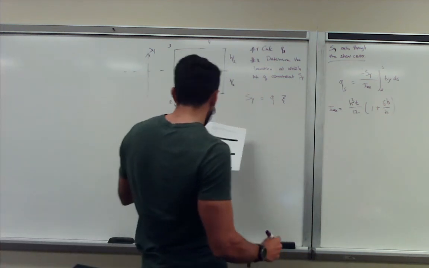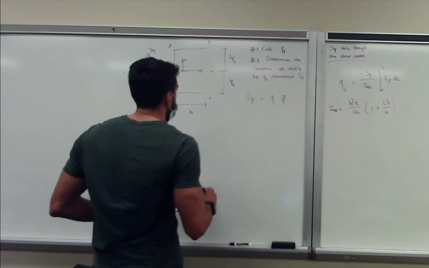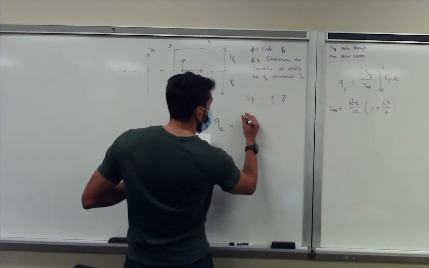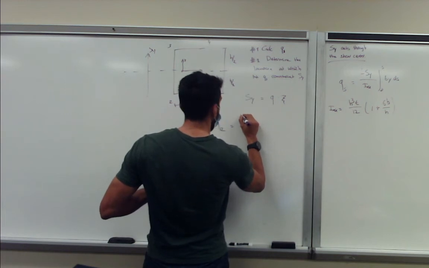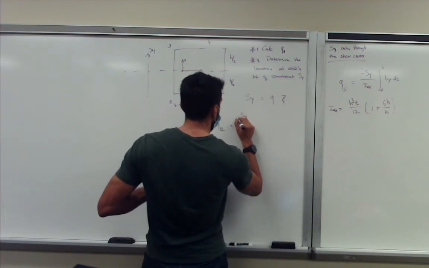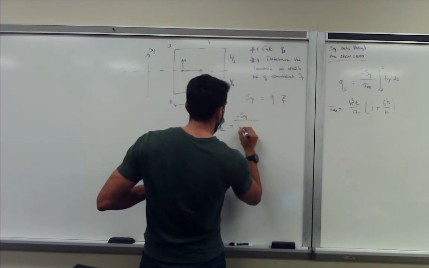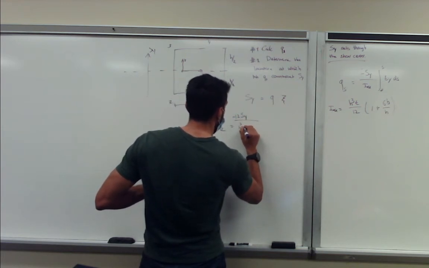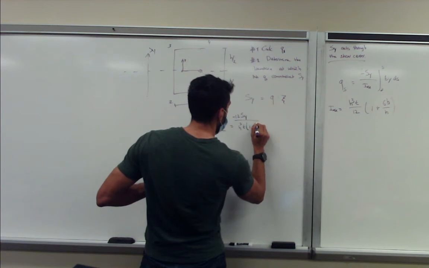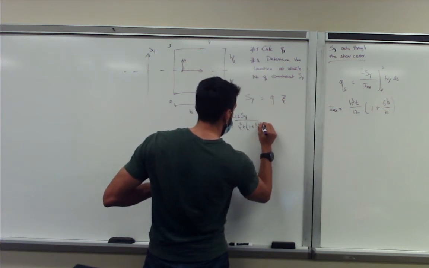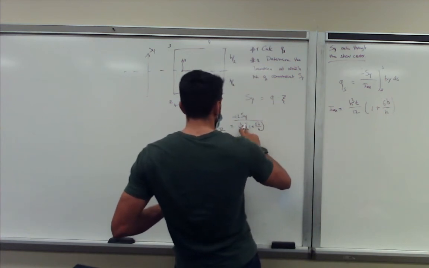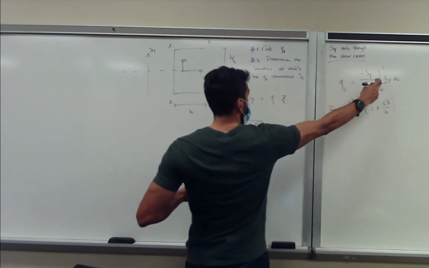So Q12 is negative Sy over 12 Sy t (1 plus 6b over h). And then the t's drop, so this t drops with that t.